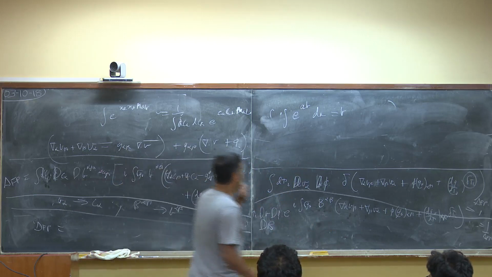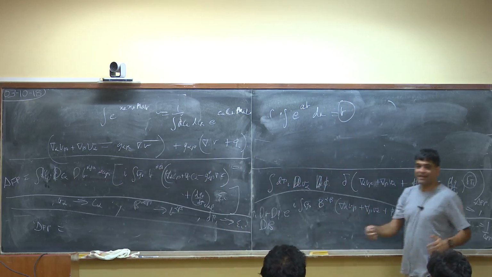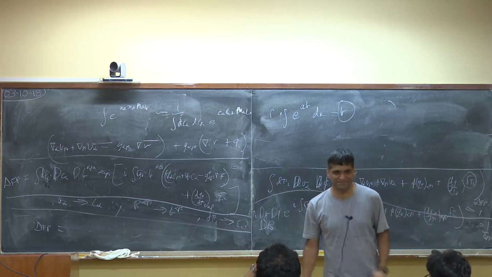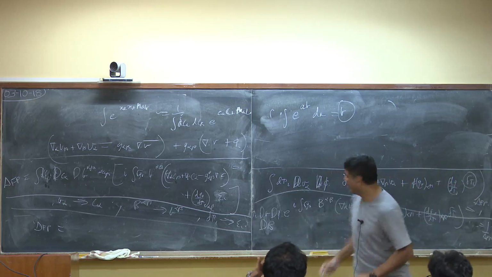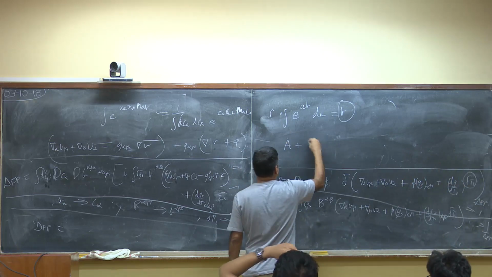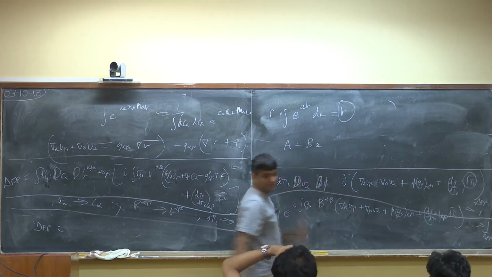In fact, it's a general fact that the linear function in a fermionic variable is the analog of the bosonic delta function. Suppose you have a function like A plus B times A, where A is the fermionic variable.